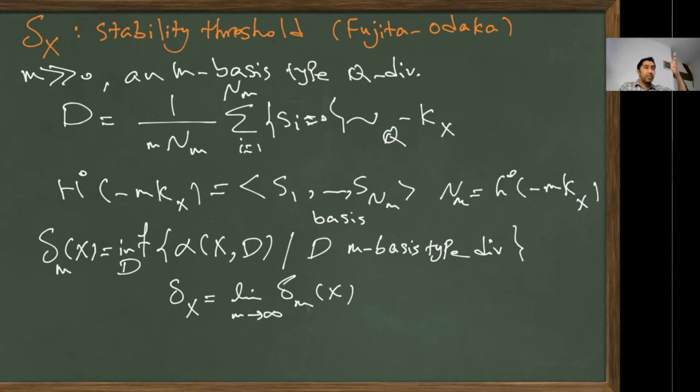The truth is that it was initially defined to be the limsup, but later it was proved by Johnson and Johnson that this is a limit.